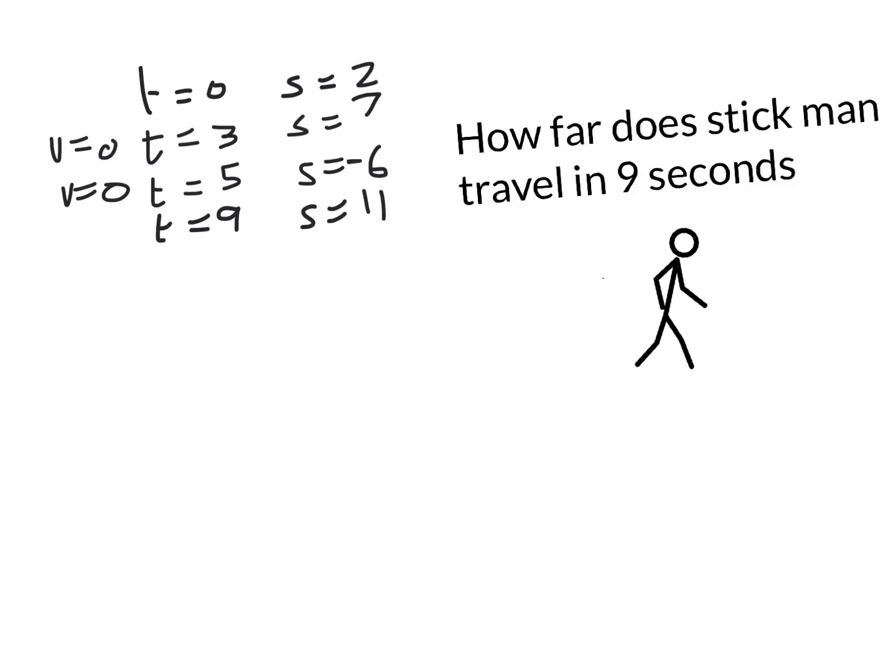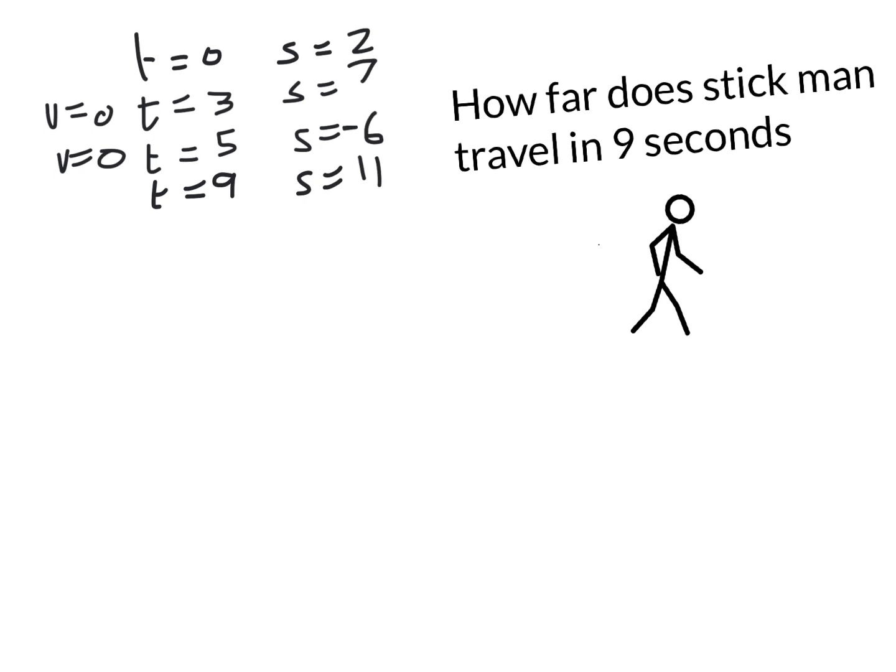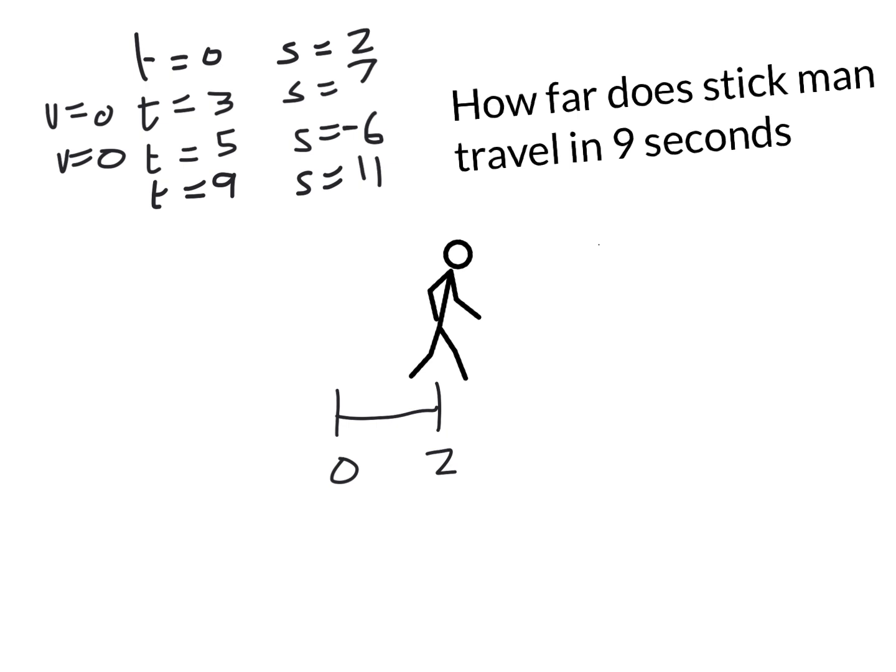Okay, pause the video and you have a go at this one, see if you understand things. Okay, time is 0. Stickman is not at 0. Stickman is going to be 2 meters away from 0. So he hasn't moved at all, that's where he begins. After 3 seconds, his displacement is 7.